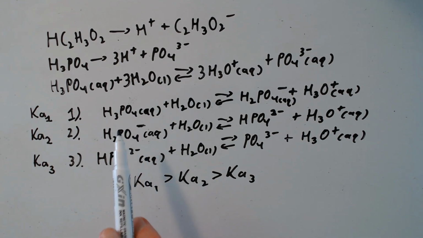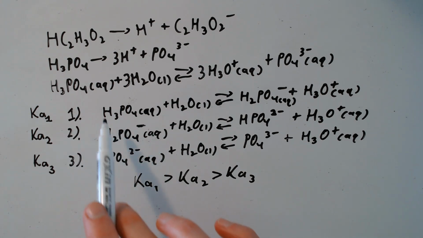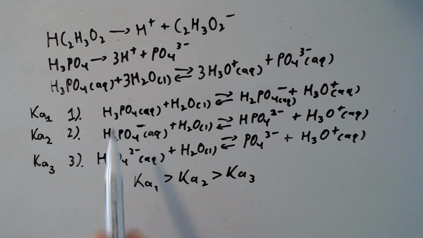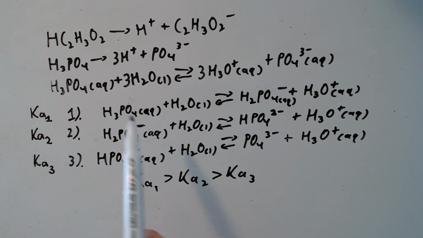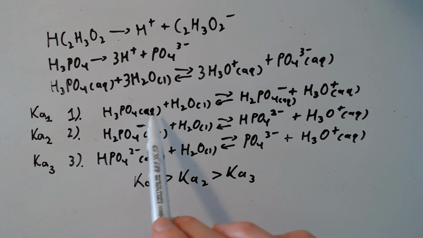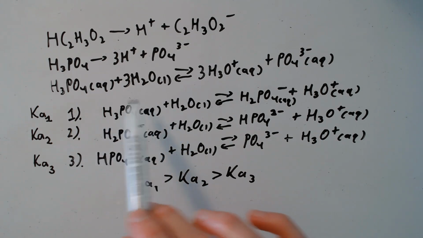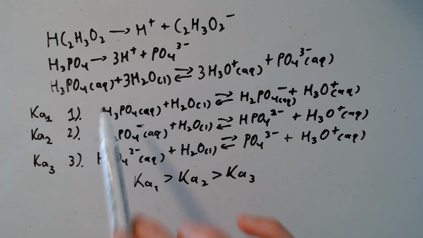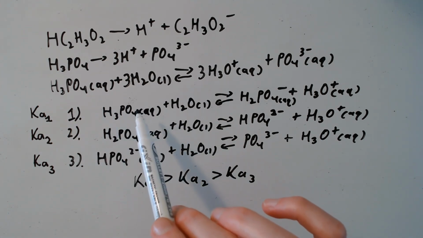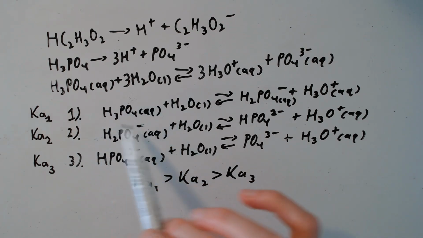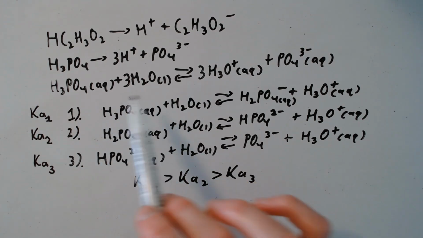So now that you know how the strength of these reactions differ, you can see how, let's say, the H3PO4 on its own is a weak acid. So most of this acid remains undissociated. We can also see that basically the H3PO4 concentration is going to be pretty high here.